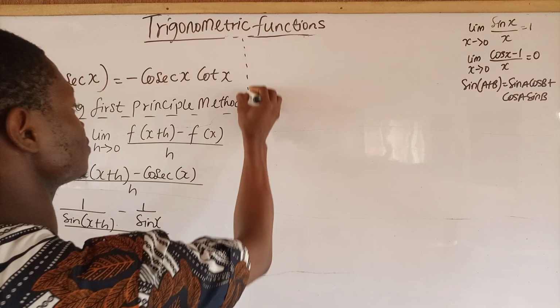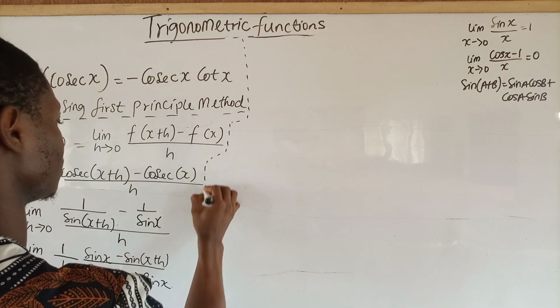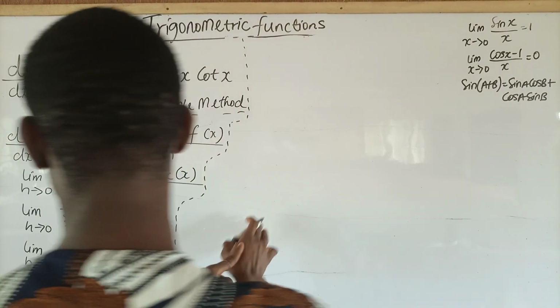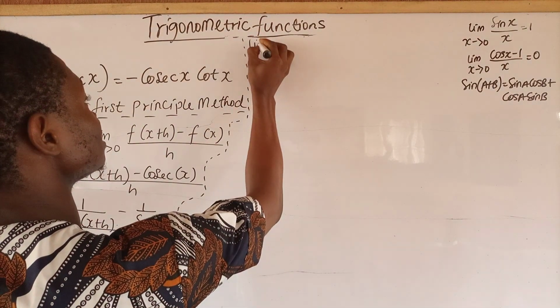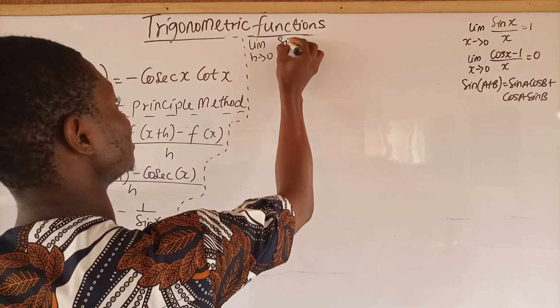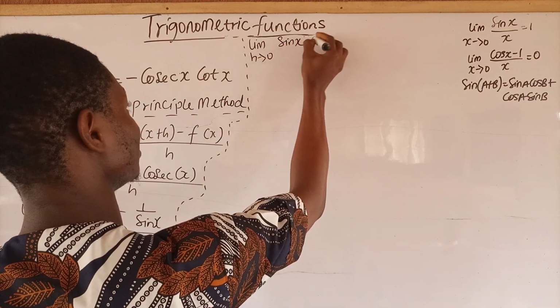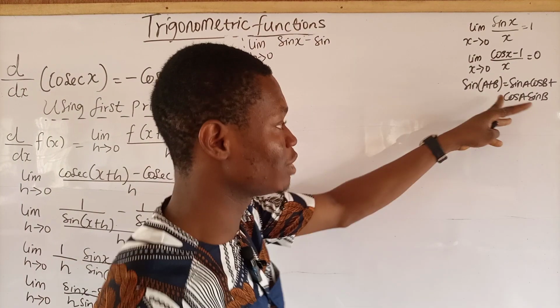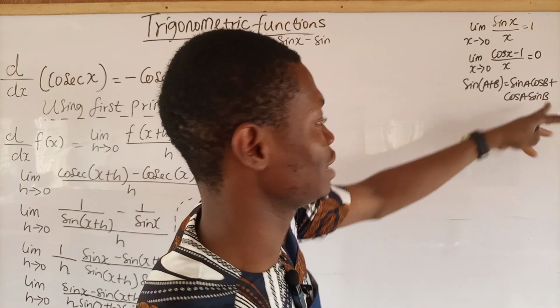We are going to continue from here. We have the limit as h approaches 0 of sine x minus sine of x plus h. Remember that sine of a plus b is equal to sine a cos b plus cos a sine b.